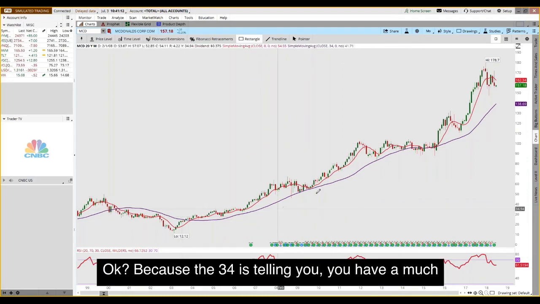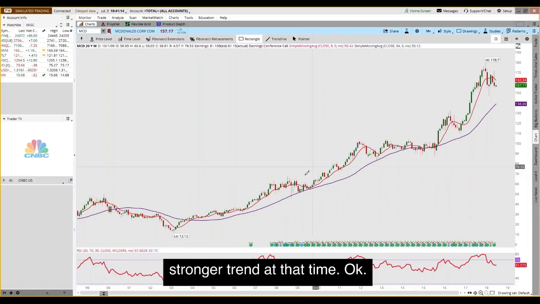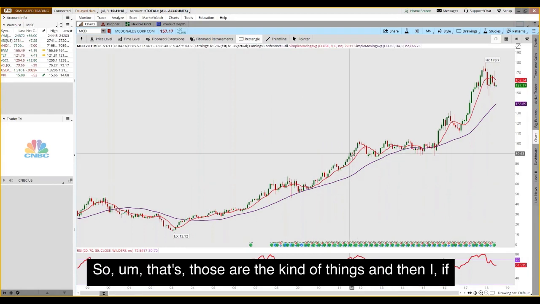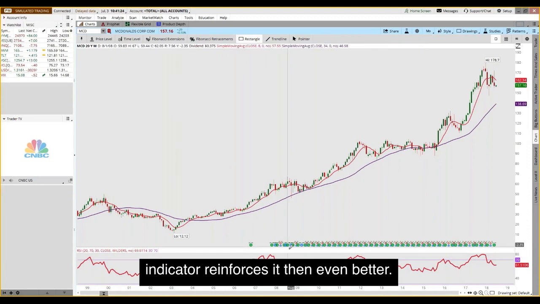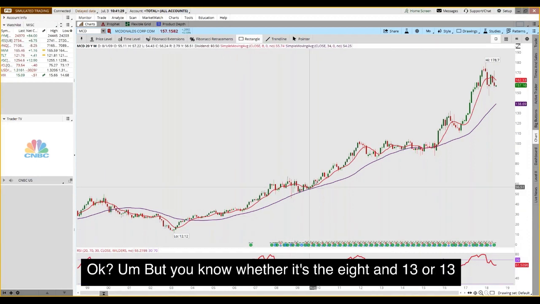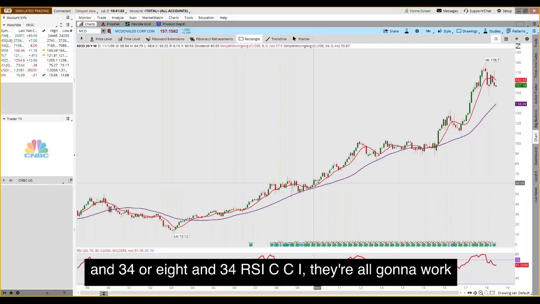Because the 34 is telling you have a much stronger trend at that time. Those are the kind of things. And then if the RSI or any other indicator reinforces it, then even better. But whether it's the 8 and 13 or 13 and 34 or 8 and 34 and RSI, CCI, they're all going to work some of the times.